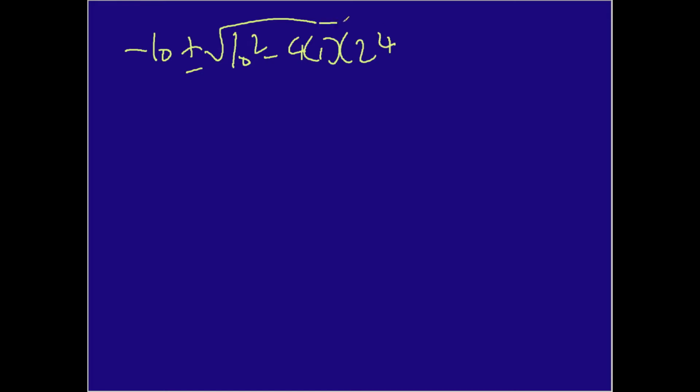So here's what we got. Like I just said, we got minus 10 plus or minus the square root of 10 squared minus 4 times 1 times 24, all that over 2 times 1. Now when we simplify that, there's lots of ways to do this.